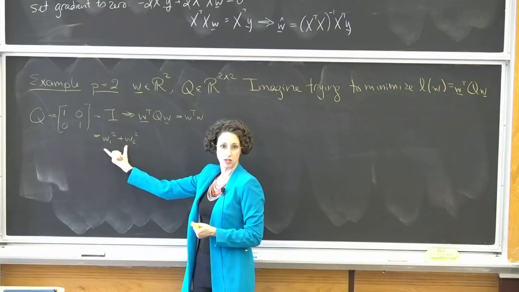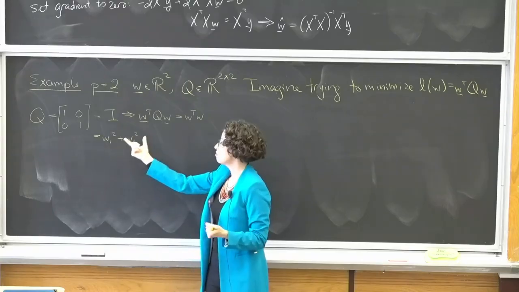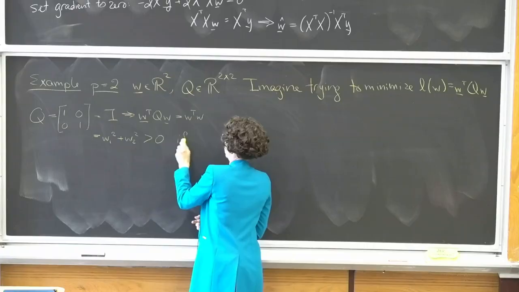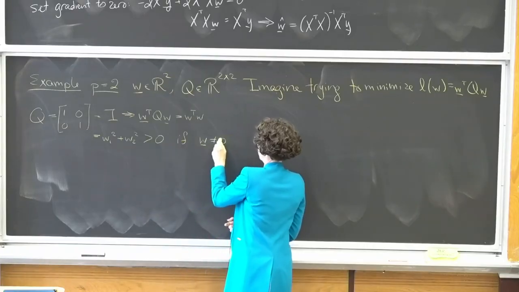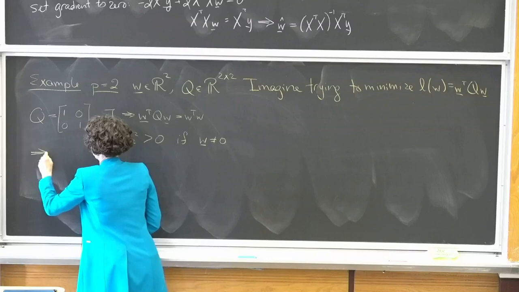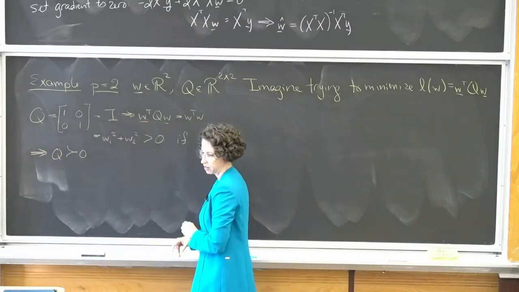When is this positive? Yeah, for any W not equal to 0, this is going to be positive. And so, as a result, we can infer that this Q is positive definite.